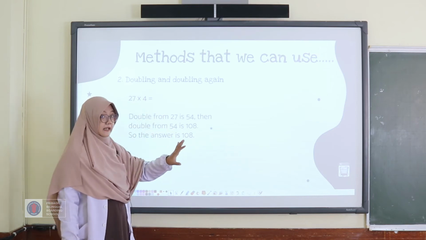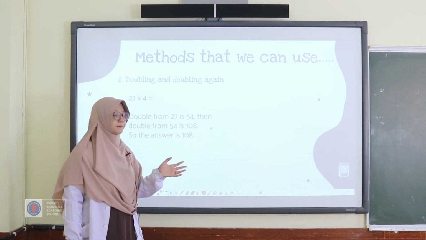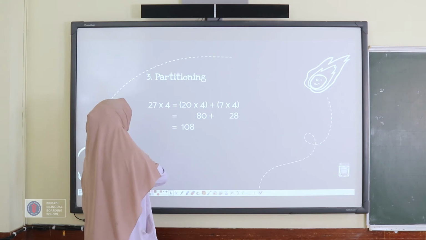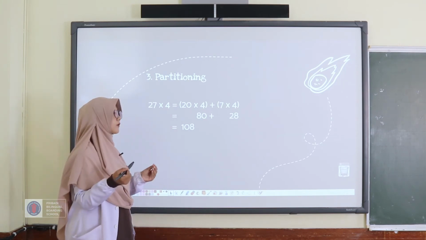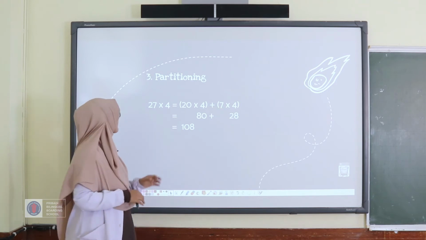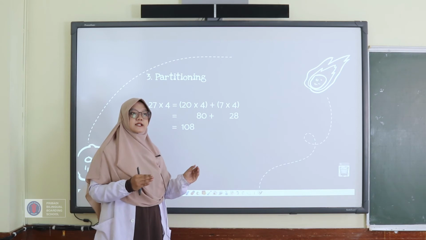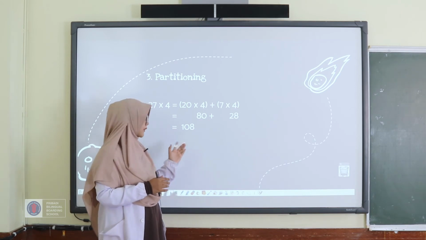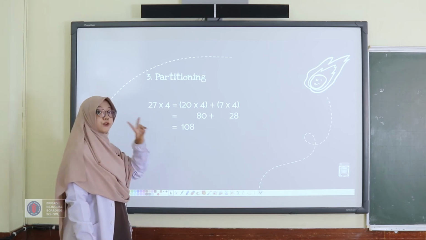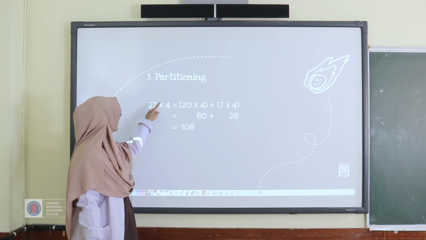That is the second method that you can use for multiplication. And this is another method. As we already learned about partitioning, we partition the number first. 27 means that we have 2 in the tens and 7 in the units, and it will be multiplied by 4.